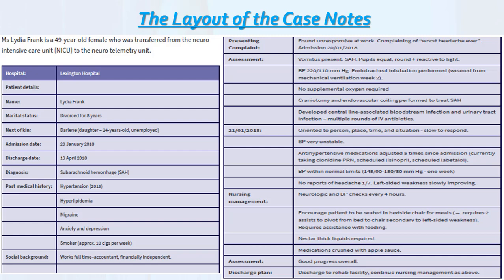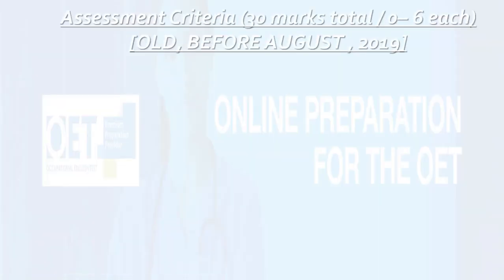Like what you see here at the end, you can find the discharge plan, for example, discharge to a rehab facility. So it's some notes about a case, and you need to select what is important or relevant during the first 5 minutes to be able to write about in the following 40 minutes.